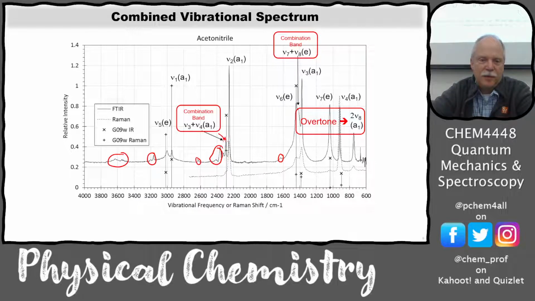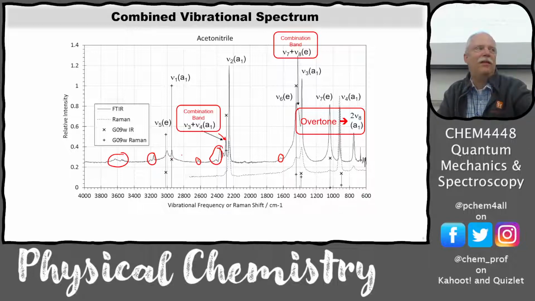The reason the CH stretches are so small is because this is taken on the ATR, and the attenuated total reflectance does not have a linear response. It's based upon the frequency. The penetration depth penetrates deeper at low frequencies. And so down here, you're actually sampling more of the sample than up here.